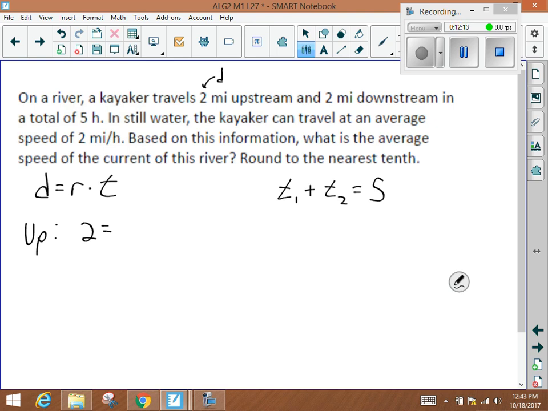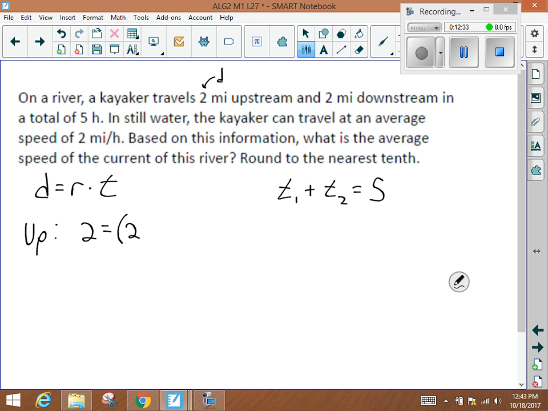So now that we have that into play, it tells us that in still water, the kayaker can travel at an average speed of 2 miles per hour. So that means that when he's going upstream, he can do that 2 miles per hour, right?